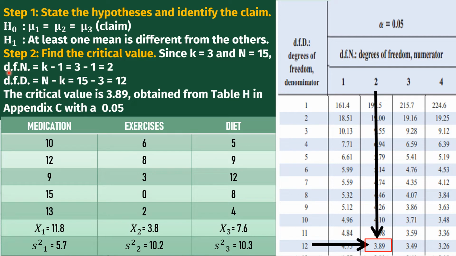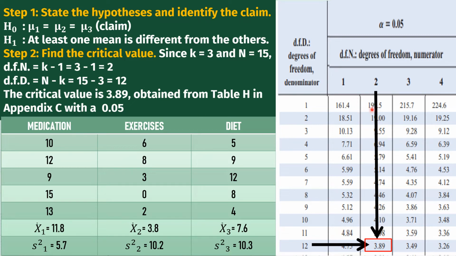So the degrees of freedom for the numerator is equal to k minus 1. K is equal to 3, so 3 minus 1 is equal to 2. And the degrees of freedom of the denominator is equal to capital letter N minus k. And capital letter N is equal to 15. So 15 minus 3 is equal to 12.